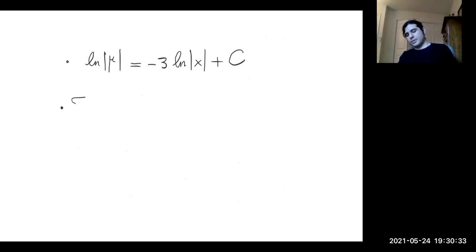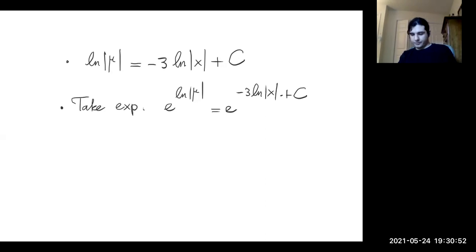We take the exponent of both sides to get rid of ln because we want mu, not the ln of mu. So e to the ln of mu would be equal to e to the minus 3 ln of absolute value of x plus c.